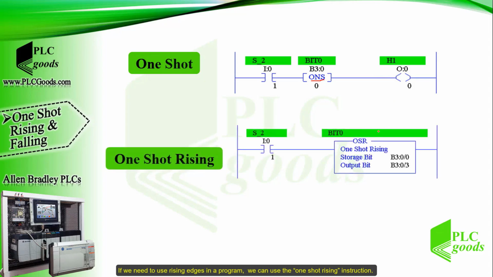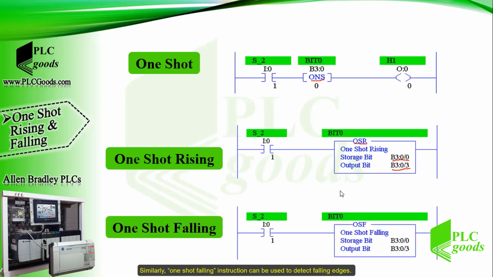If we need to use rising edges in a program, we can use the one-shot rising instruction. This instruction needs two bits. One bit is used to store a state of a virtual power, like the one-shot instruction, and the second bit is used as the output of the instruction, which can be used in other lines of program.